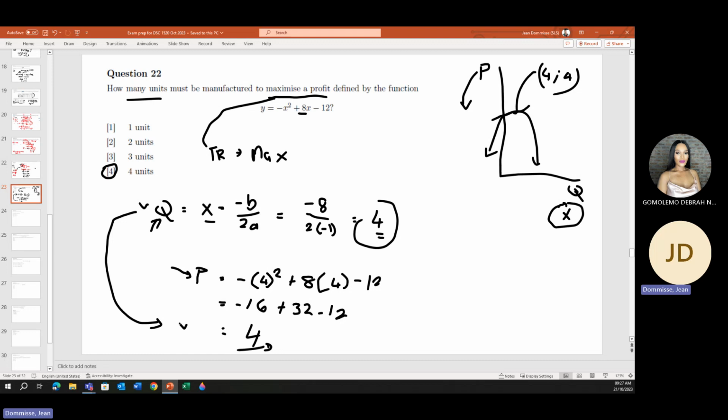Okay, so again, for your answer, you could have stopped there already because you only needed to work out the quantity or how many units was manufactured. But if I ask you at what price do you maximize the profit, then you need to work out the pricing component as well.